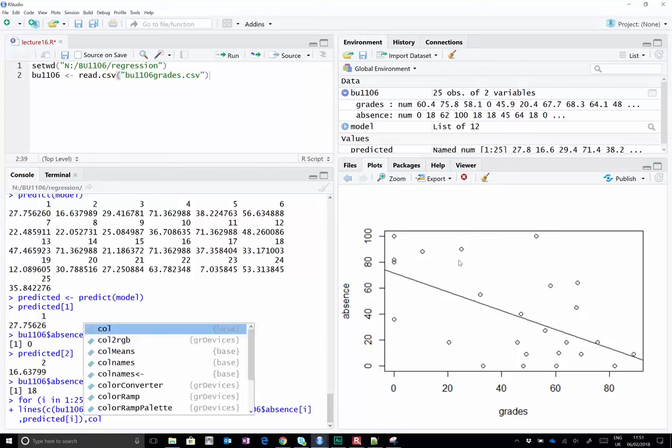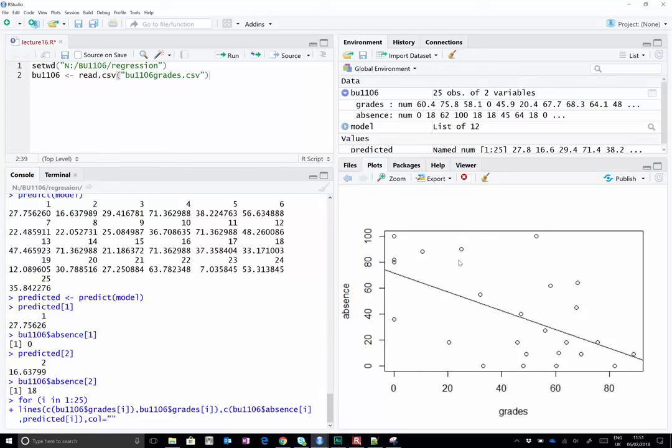Let's do it in that. Let's hope I didn't make a mistake with the brackets.